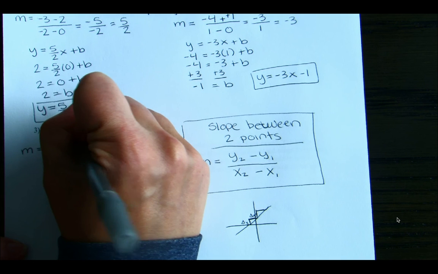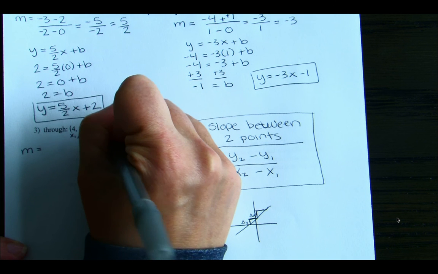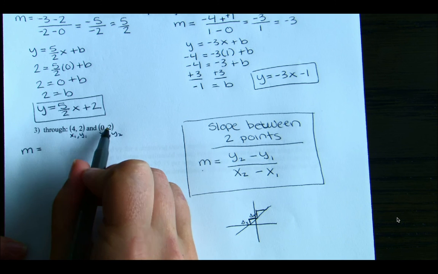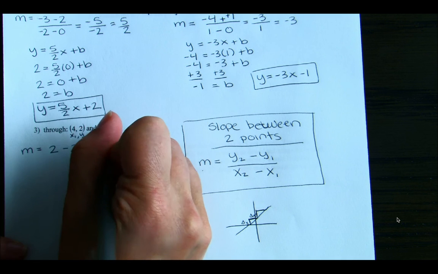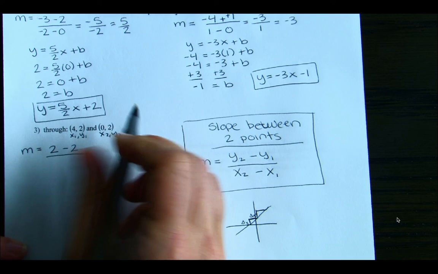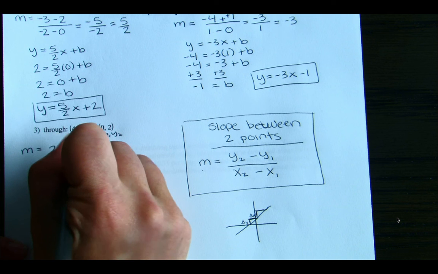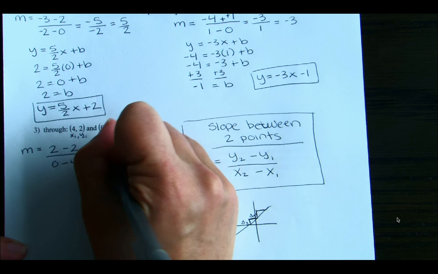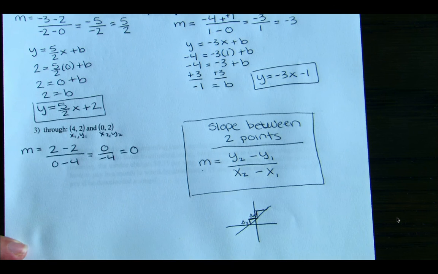I'm going to label x1, y1, x2, y2, and go through the same process. So I have 2 minus 2 on top and 0 minus 4 on the bottom. That leaves me with 0 over -4, which is just a slope of 0.